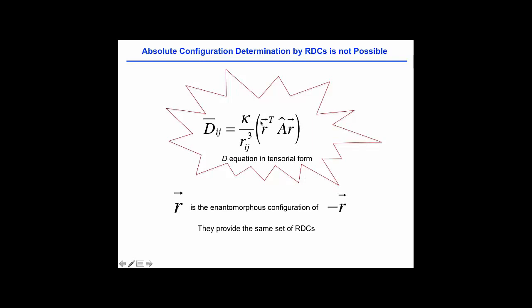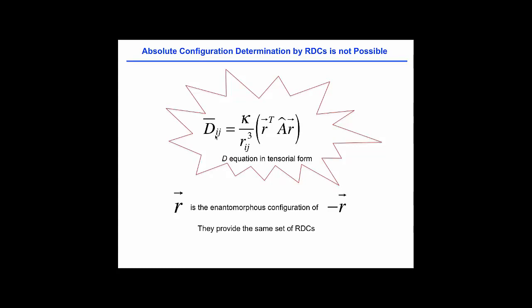So in this equation, if you do this with one enantiomer that is R, it will give you the same value if you use -R, because minus times minus is positive. So here it is pretty obvious that you will obtain the same set of RDCs for both enantiomers.